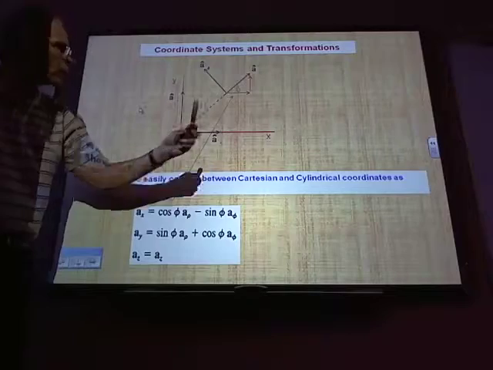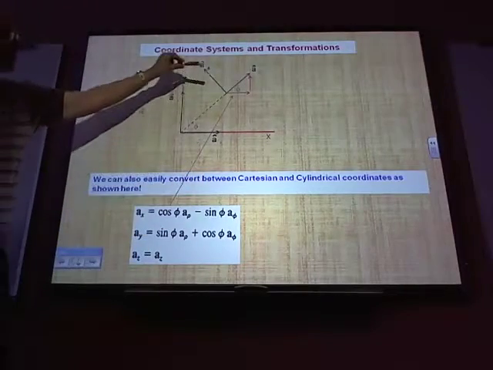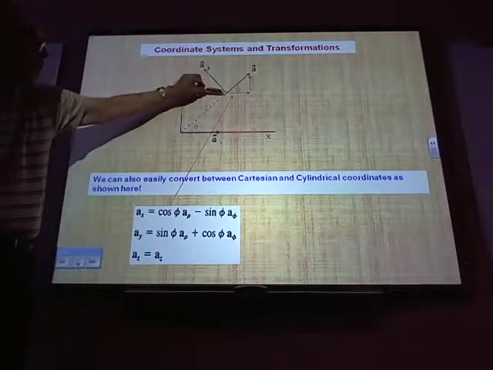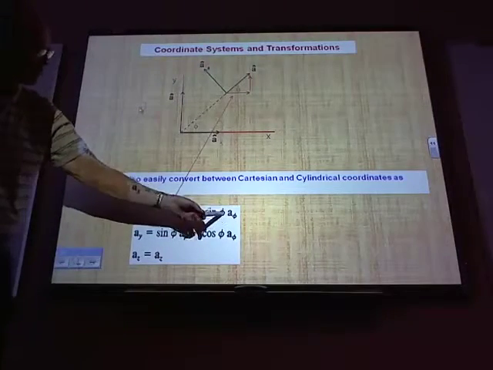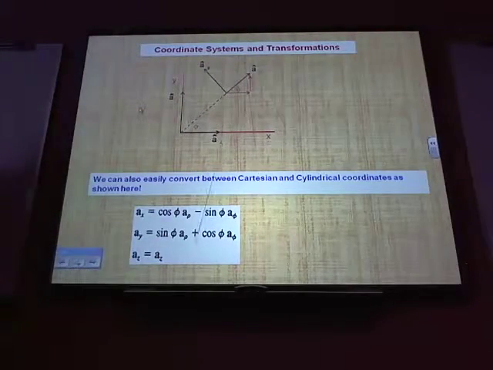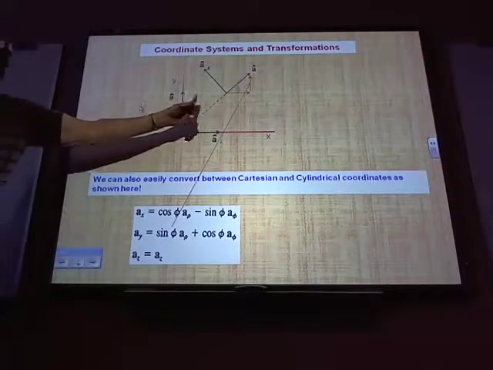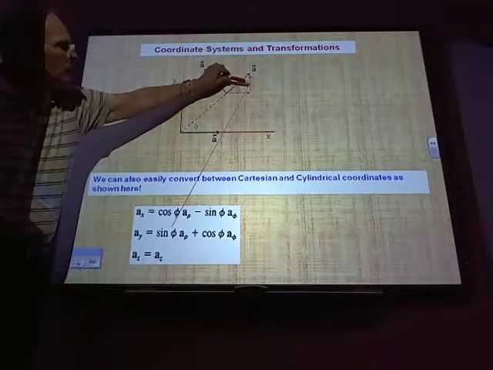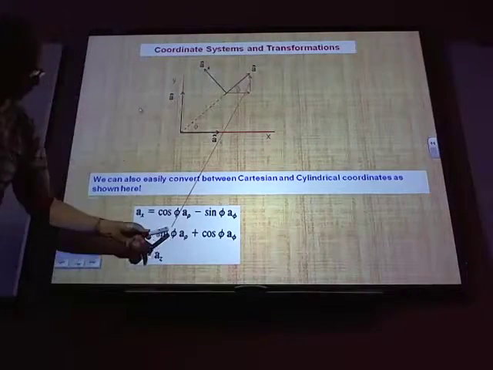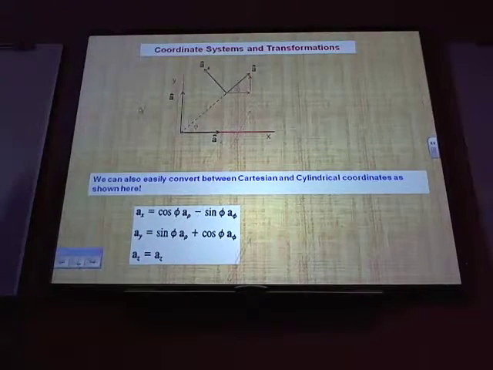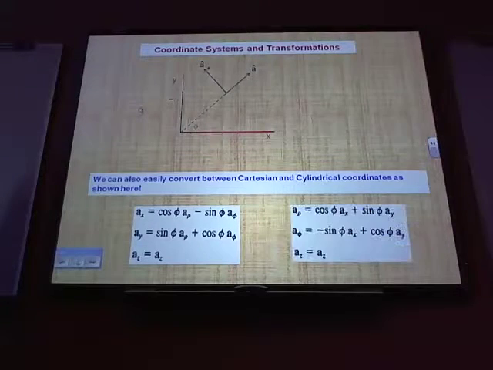If you wanted to know what your x component of this one was, that's going to be minus the sine of phi, okay? And that's what this one is. And if you wanted to pick off the y component of rho up here, it's the sine component. There it is right there. And going to the other one.